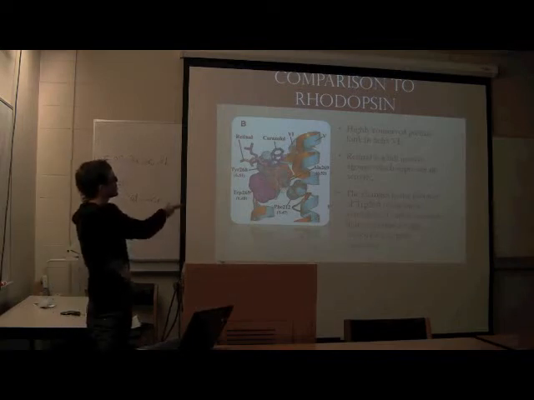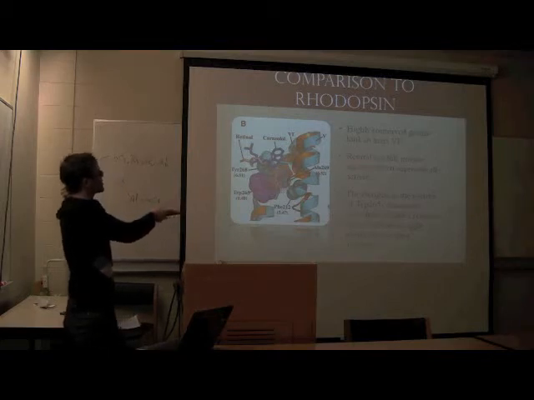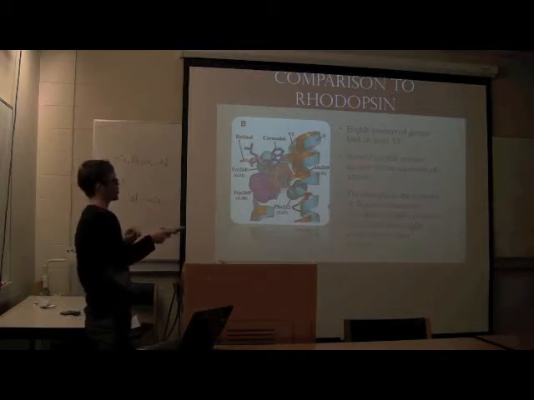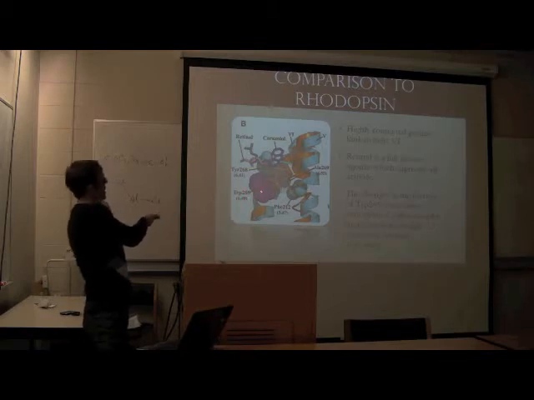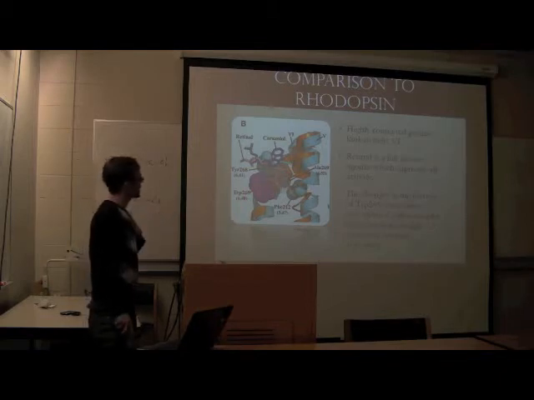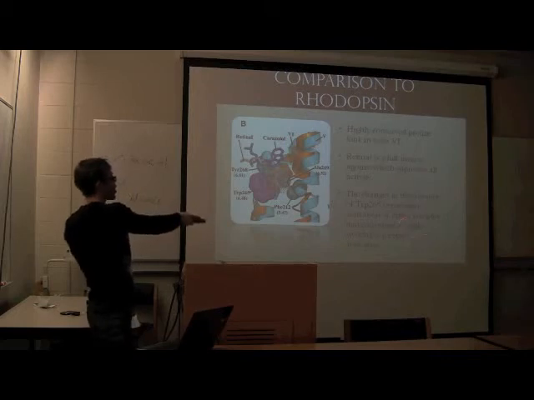So I think I already mentioned that retinol is an inverse agonist. It expresses 0% active. But the findings of this paper suggest that this tryptophan 265 acts as a toggle switch for turning on this receptor.